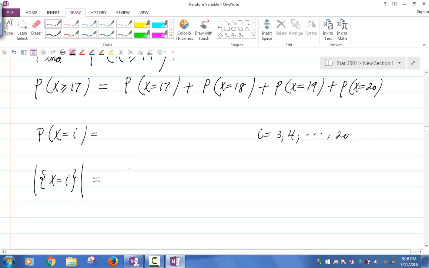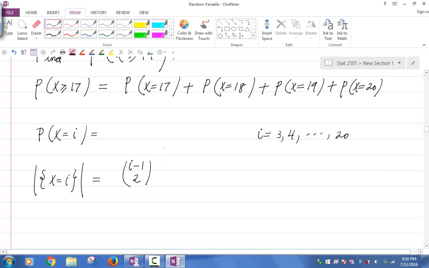Well, like I said, the ith number must be picked, so the remaining 2 must be picked from I minus 1 numbers, so I minus 1 choose 2. So that's how many ways I can pick the other 2 numbers.